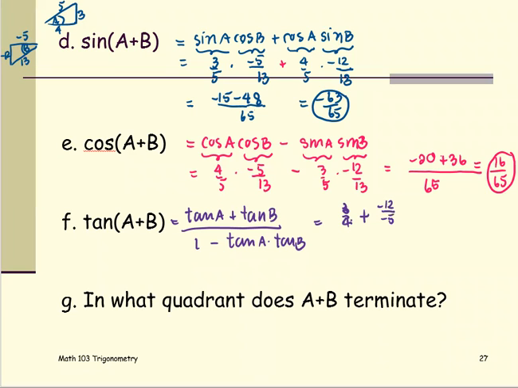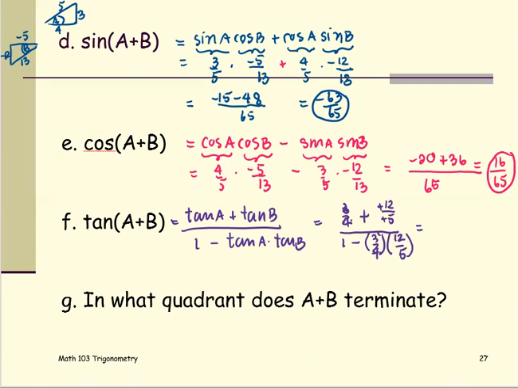That becomes positive 12 over 5. We're going to simplify it later on. Divided by 1 minus the tangent A, which is 3 over 4, and this we just rewrite as positive, multiplied by 12 over 5.